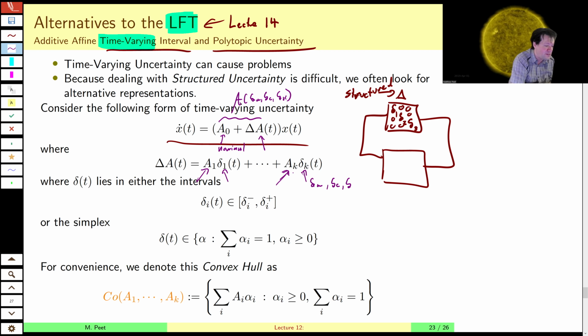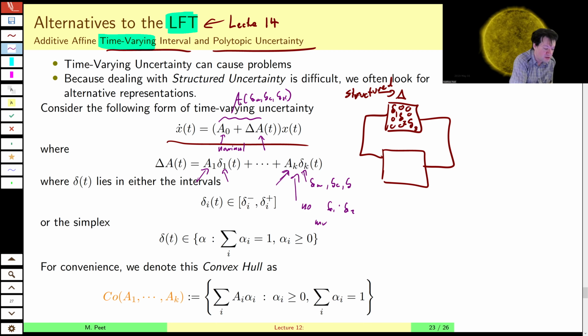They have to enter linearly. There's no way we can do this rationally, as in 1 over the delta, for example. And they can't multiply each other. You can't have delta 1 times delta 2. That can't appear. We can handle that in the structured LFT, but we can't handle that in this particular case, unfortunately.